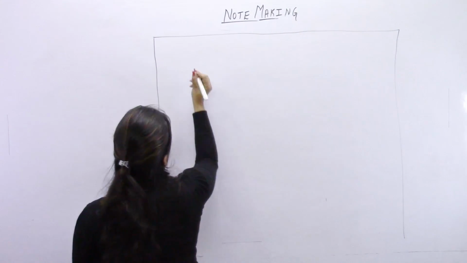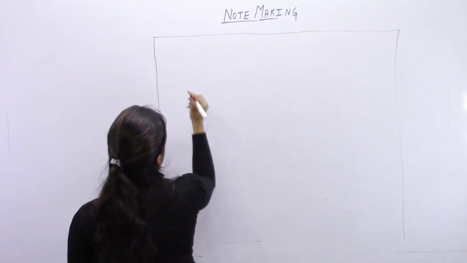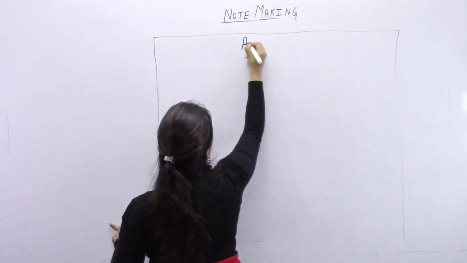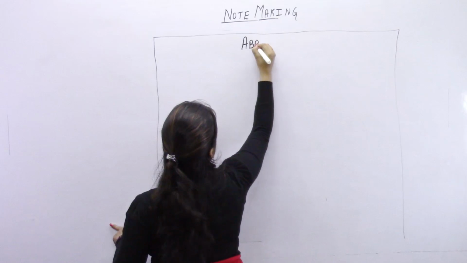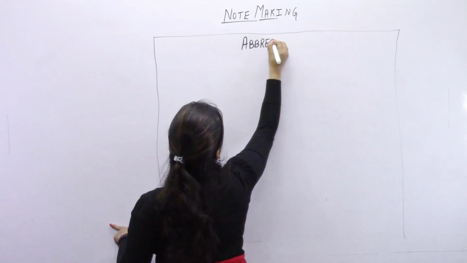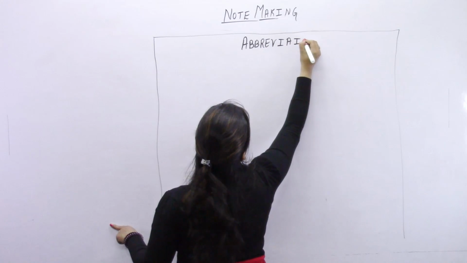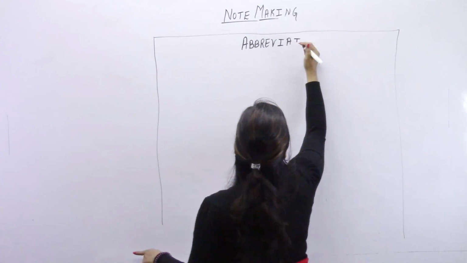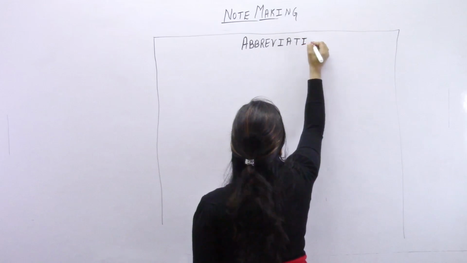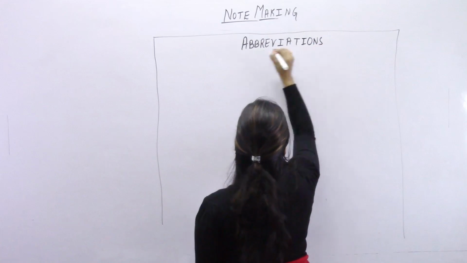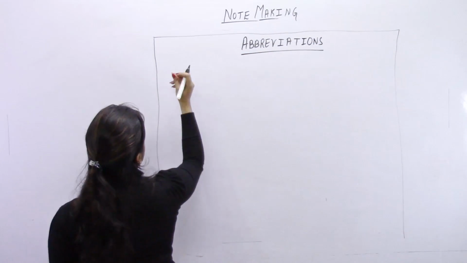So again, create a box. Give the heading, Abbreviations.